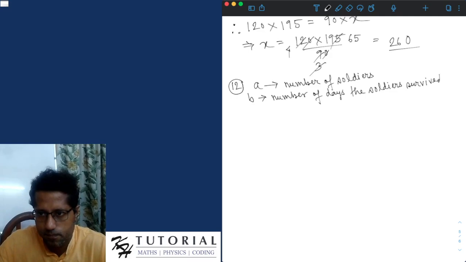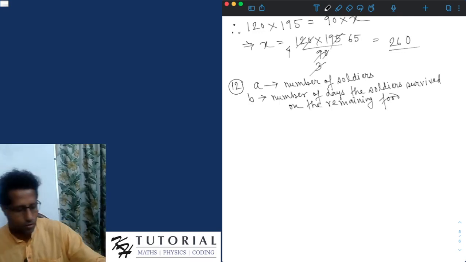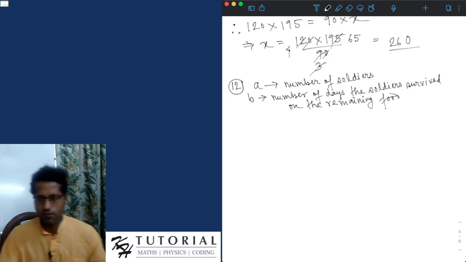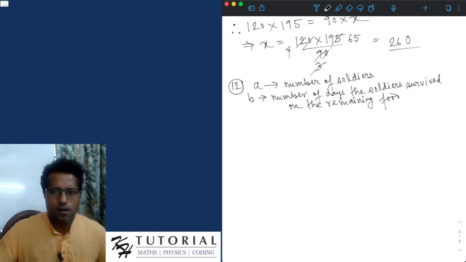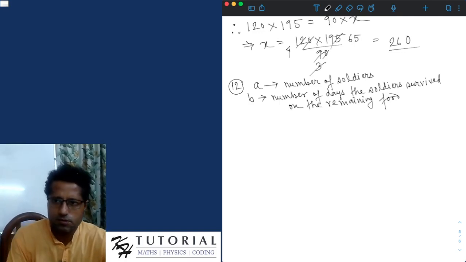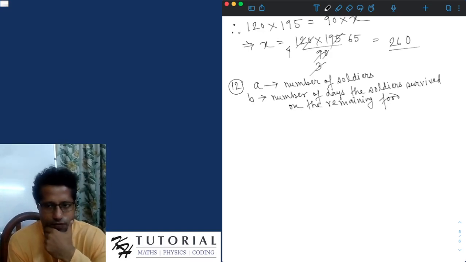Survived on the remaining food. So B is the number of days the soldiers survived on the remaining food. So A, we are considering the number of soldiers, and B, the number of days the soldiers survived on the remaining food. So this is all about the fact after 4 days.